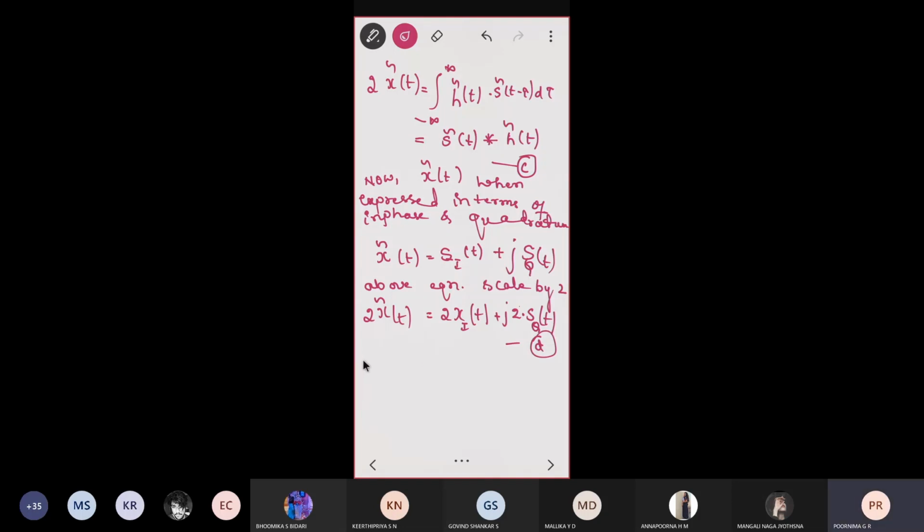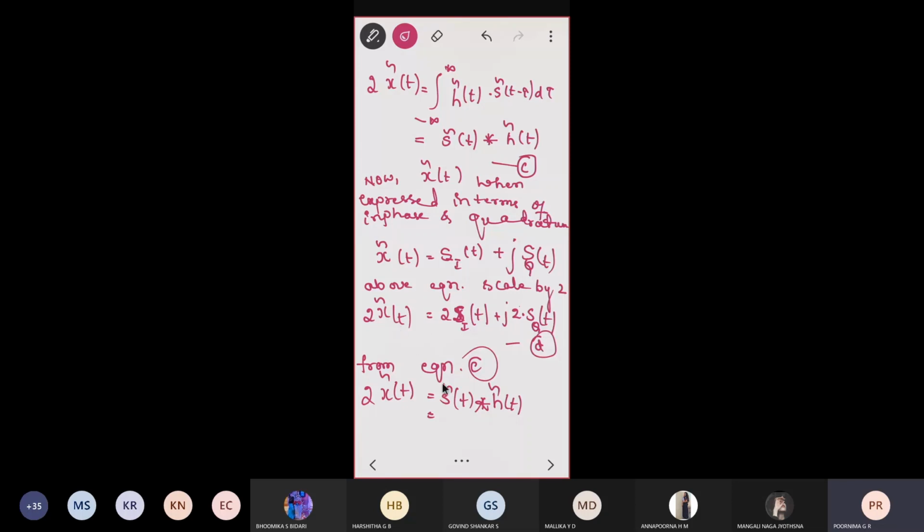It should be 2 into s I of t, no ma'am? Yes, ma'am, 2 into s I of t. Yeah, sorry. Now, from equation C, what is your 2 x tilde of t? That is equal to s tilde of t convolved with h tilde of t, the complex envelopes.